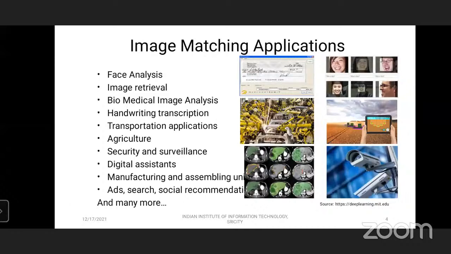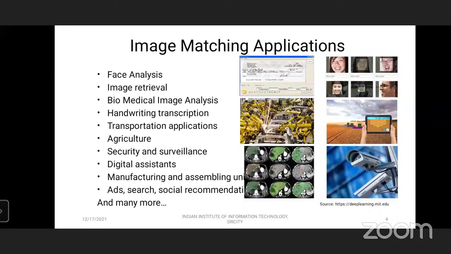How are we going to use those data, maybe for entertainment purposes or technical purposes? For technical purposes, the applications include face analysis, image retrieval, biomedical image analysis, handwriting transcription, transportation, agriculture, security and surveillance, digital assistance, manufacturing, assembling, ads, search, and social media.